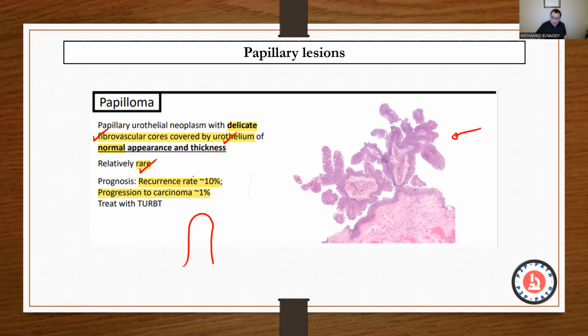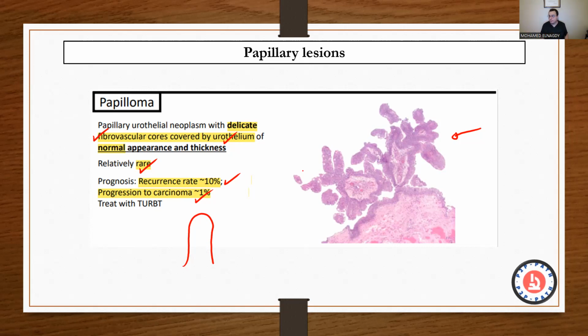However, when you say that, well, I see a urothelial papilloma, you need to mention in a comment that urothelial papillomas are associated with approximately 10% recurrence rate and 1% transformation to a carcinoma, so that the urologist knows that he needs to follow up this patient, because some clinicians have this kind of impression, which is, oh, well, papilloma is benign, so you go home.